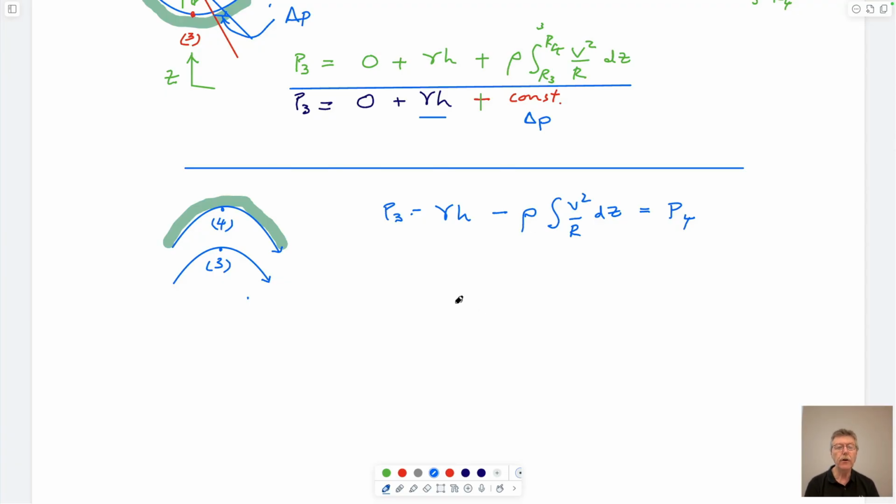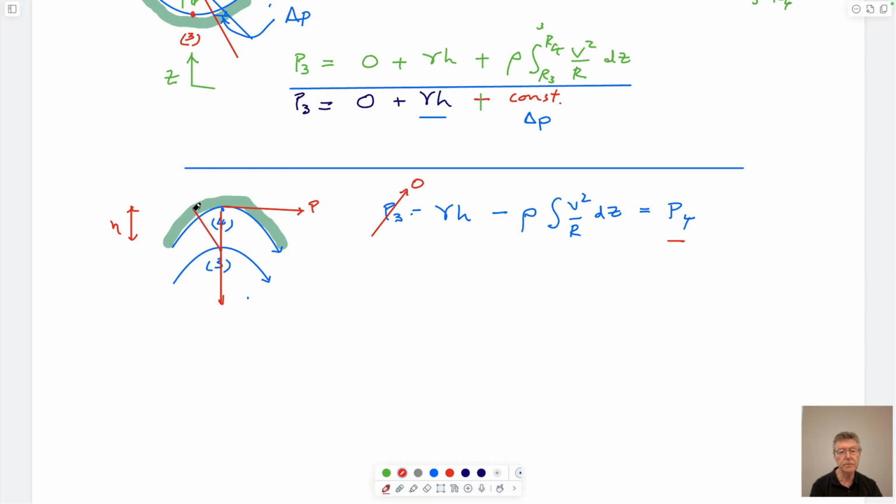And so now, if we want to look at the pressures that are present here, we want to calculate P4. We know that P3 is equal to 0. We know that as we go upwards an amount h, which is the distance between these streamlines, just h between 3 and 4, we're going from 0 here upwards.